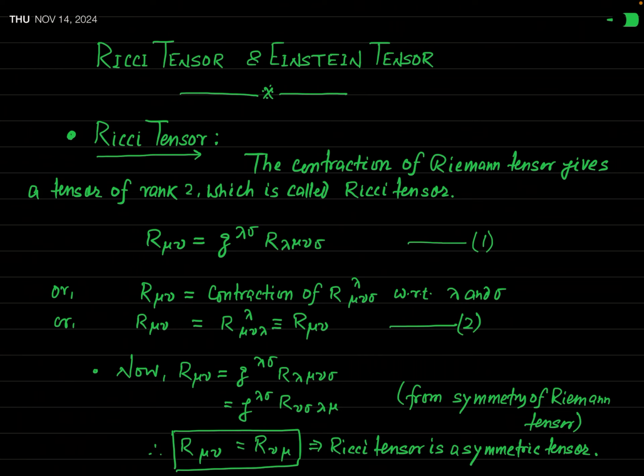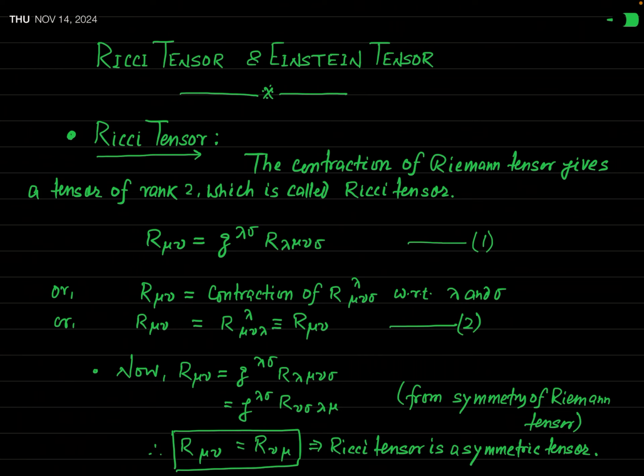In fact, after knowing about these two tensors, it will be much easier to understand the theory of general relativity. So one by one, we will learn about both of these tensors. First of all, you should note that both of these tensors are obtained by the process of contraction.